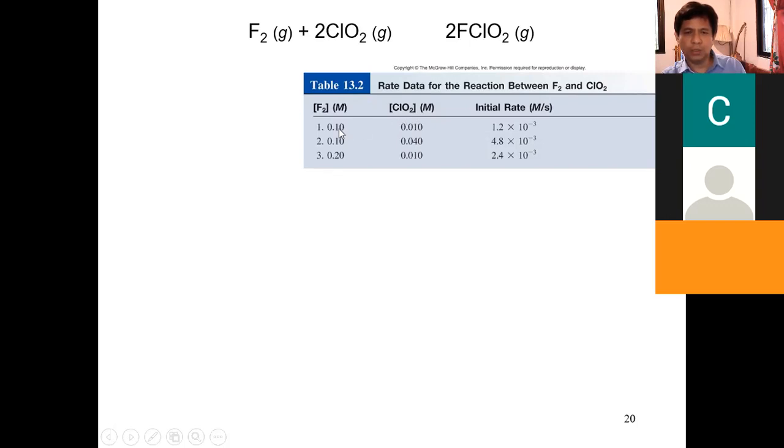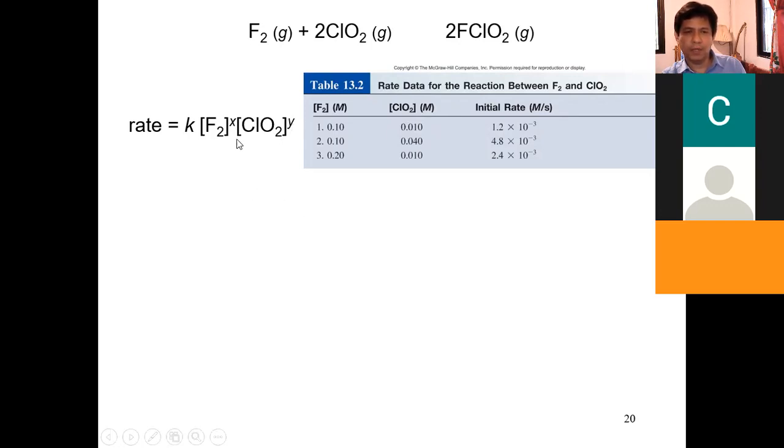So we have here the concentration of F2 and the concentration of chlorine dioxide, and then this is the initial rate of the reaction. Okay. So the rate is equals to rate constant K times concentration of F2 raised to X times concentration of ClO2 raised to Y. Okay, so hanapin natin yung X and Y and then later yung K.